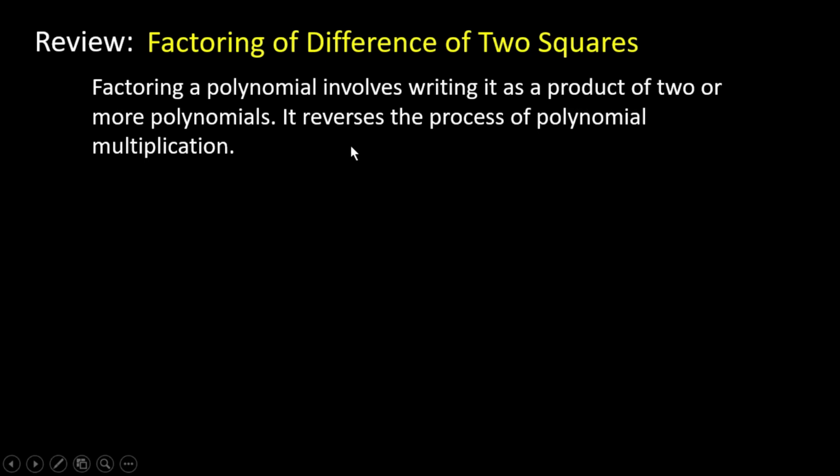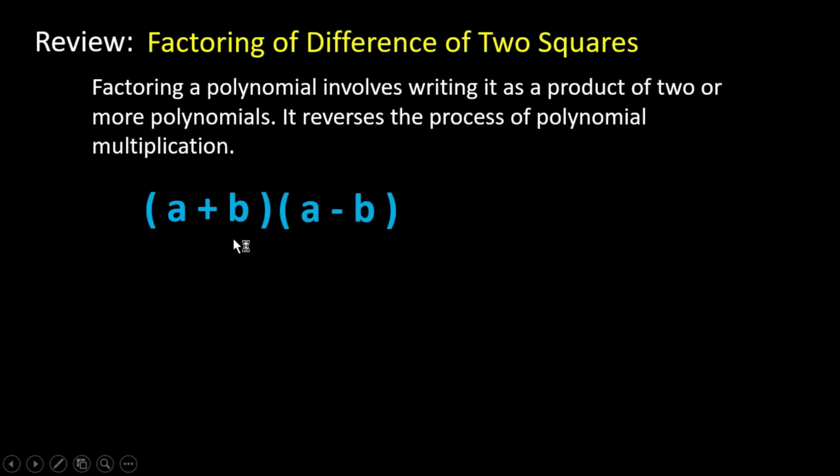It reverses the process of polynomial multiplication. So, yung factoring ng difference of two squares ay it reverses the process of polynomial multiplication. Bakit kamo? Halimbawa, meron tayong dalawang binomial.